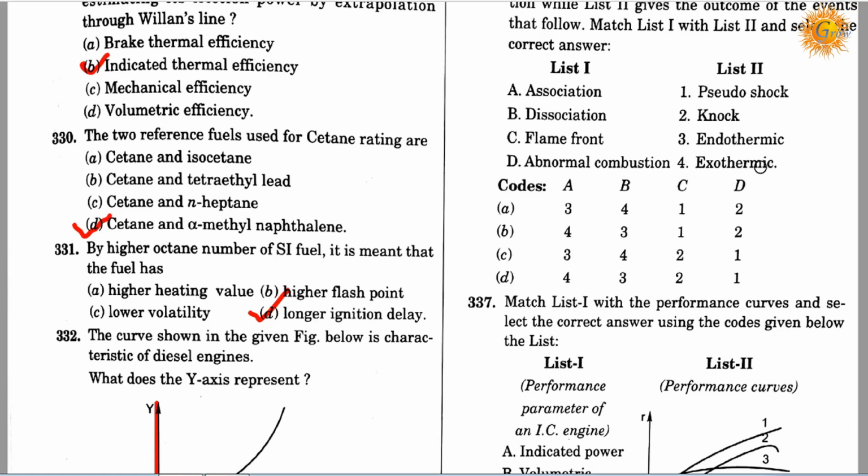So the correct answer will be D. Association belongs to 4, exothermic; dissociation belongs to 3, endothermic; flame front belongs to knock; and abnormal combustion belongs to pseudo shock.